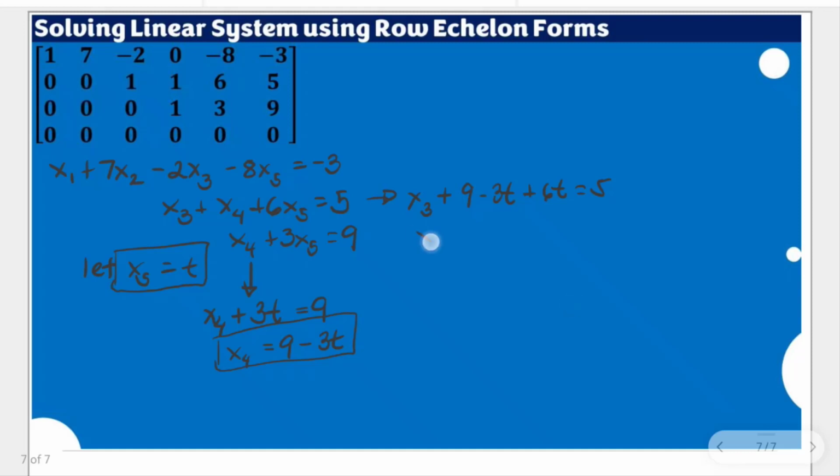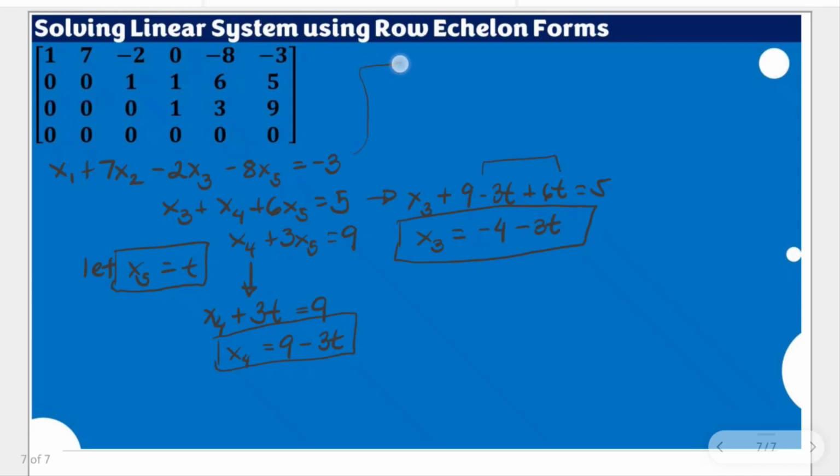Then we simply compute x sub 3 is equal to, you subtract 9 on both sides, you have negative 4. And since this will result in a positive 3t, when you subtract it on both sides, you will get a result of minus 3t. This is now your x sub 3.